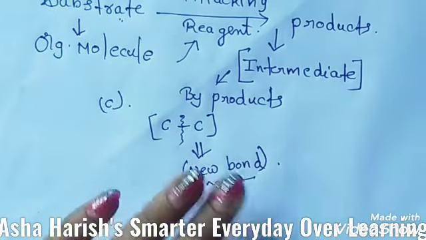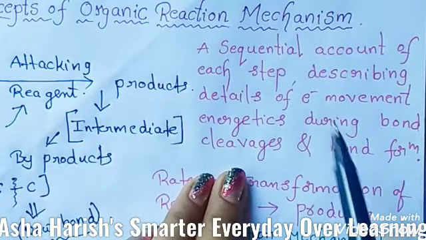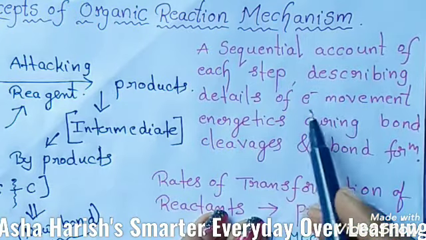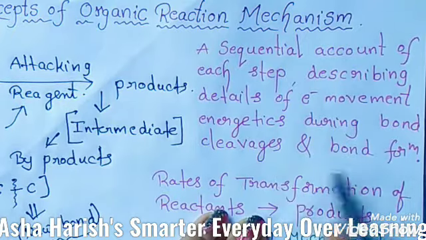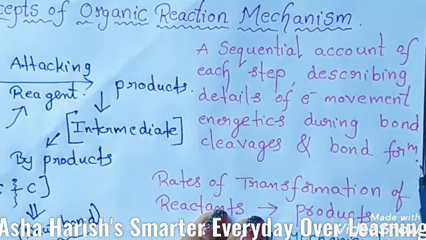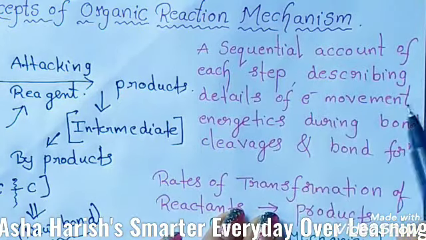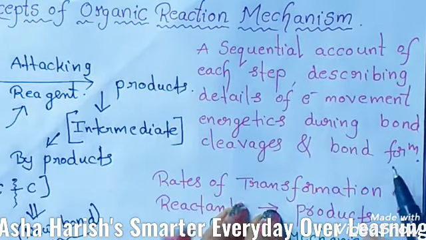Basing upon this, you came to know the definition of reaction mechanism. What is meant by reaction mechanism? A sequential account of each step, describing details of electron movement and energetics during bond cleavage and bond formation. The electron movement takes place during cleavage of the bond and also during bond formation.